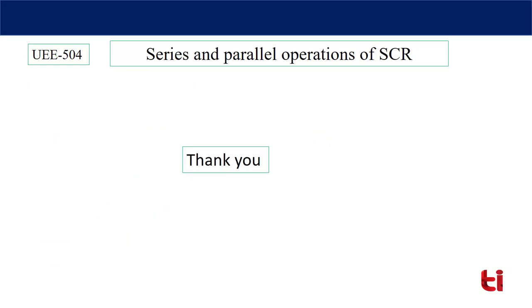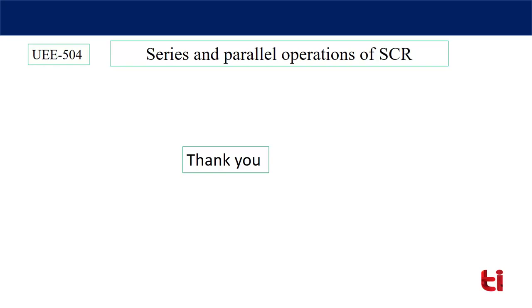So today we have discussed the series operation of SCRs, the issues related to series connection of thyristors, and how the voltage is not shared equally by the number of SCRs connected in series.